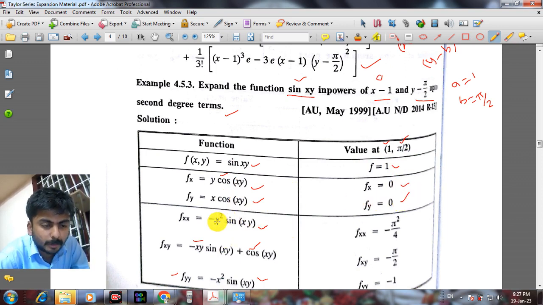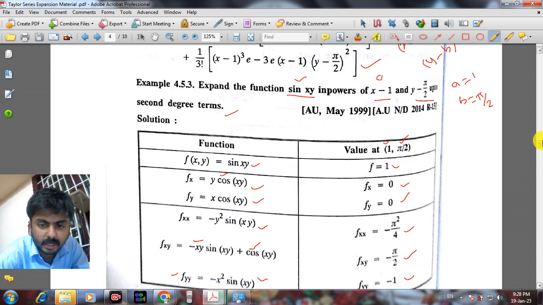Y is pi by 2, so minus pi by 4 into pi by 2 whole square, so minus pi square by 4 into 1. Here the cos xy will become 0 on pi by 2. And here we will have pi by 2, so minus 1 into pi by 2 is minus pi by 2. And here sin pi by 2 is 1, so minus 1 square is minus 1, so we have minus 1.